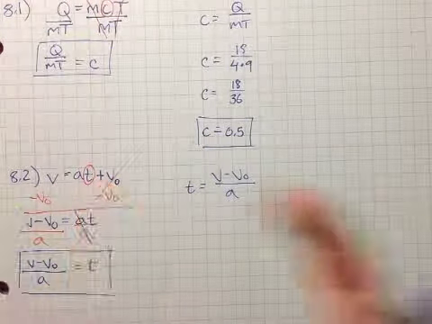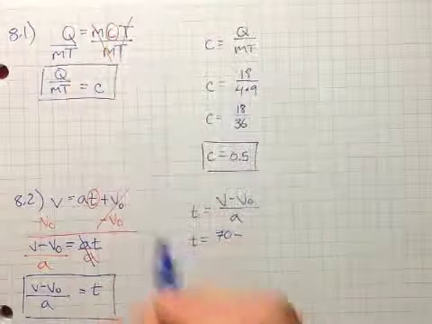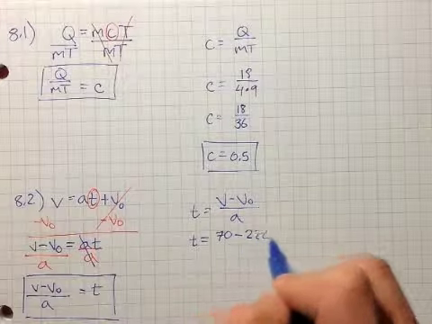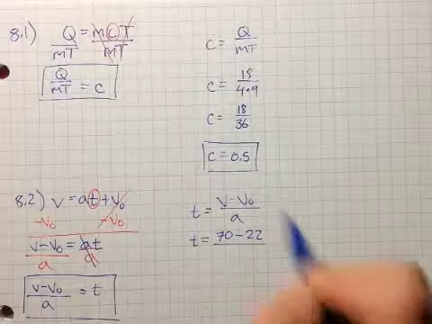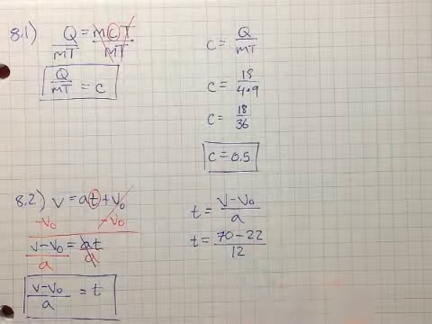So, we are going to plug in 70 for V, 70, minus V naught is 22, 70 minus 22, and then all of that divided by A is 12, so we're going to divide by 12.